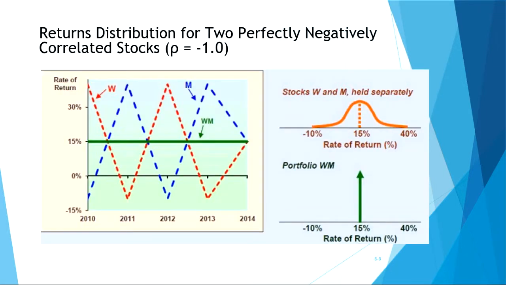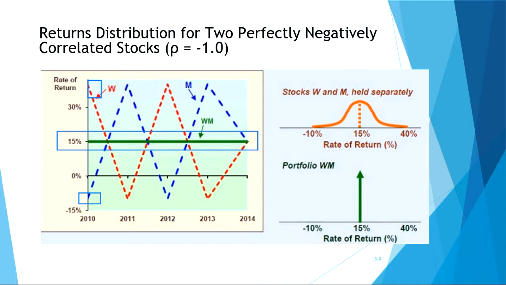So assume that we have two stocks, W and M, and these two stocks are perfectly negatively correlated, right? It means that if one has a plus 40% return, the other one, M, has a minus 10% return. So on average, you have a 15% return all the time, right?